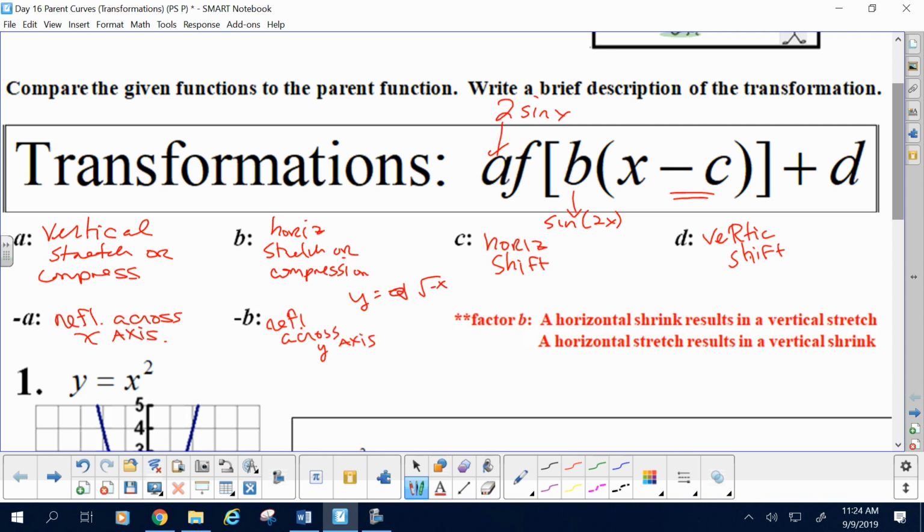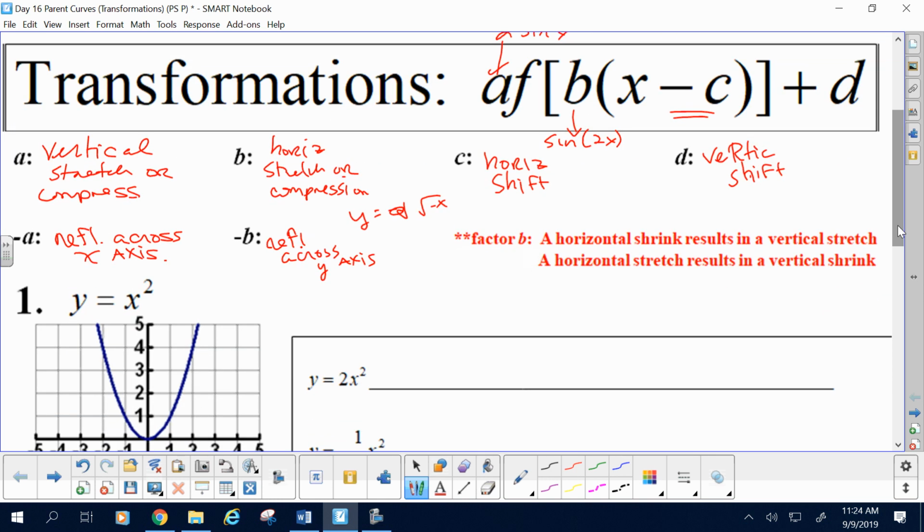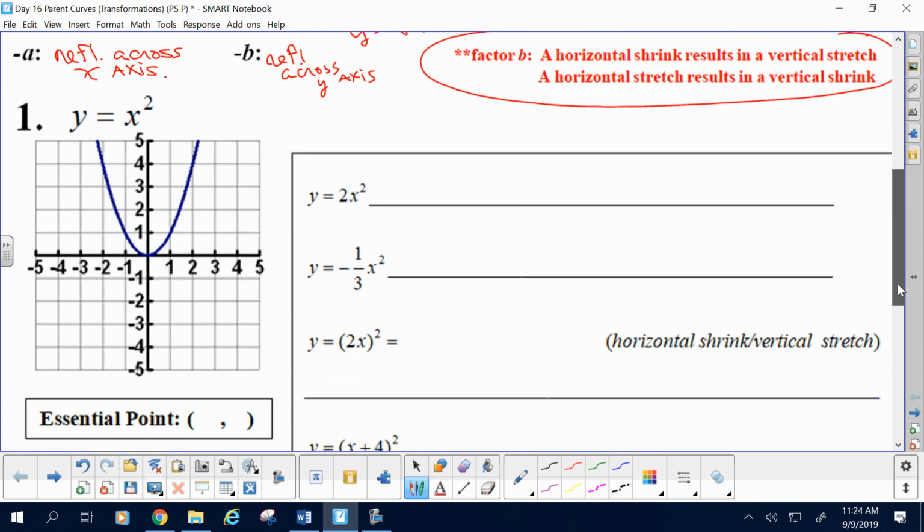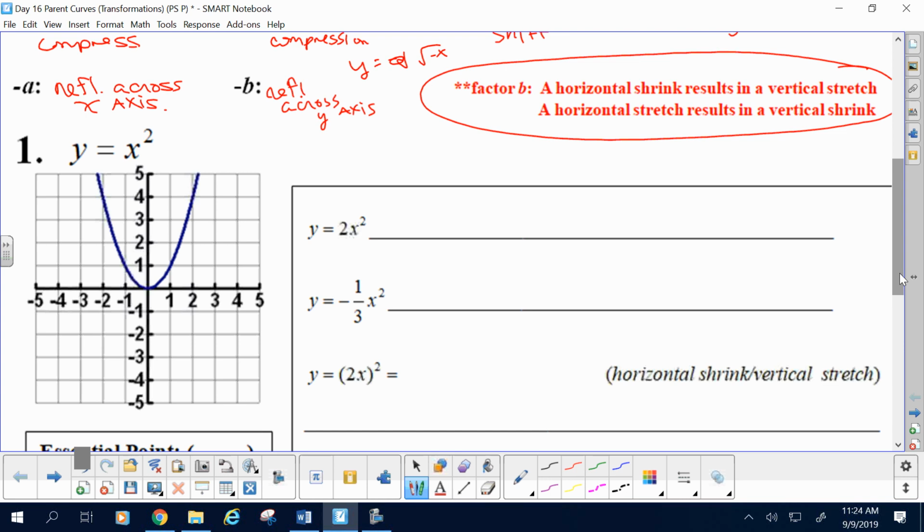Okay. I'll talk more about this part in a second. You could start to look at things two different ways. So let's go with one or two of these together, and then hopefully you're going to use your calculator to investigate.